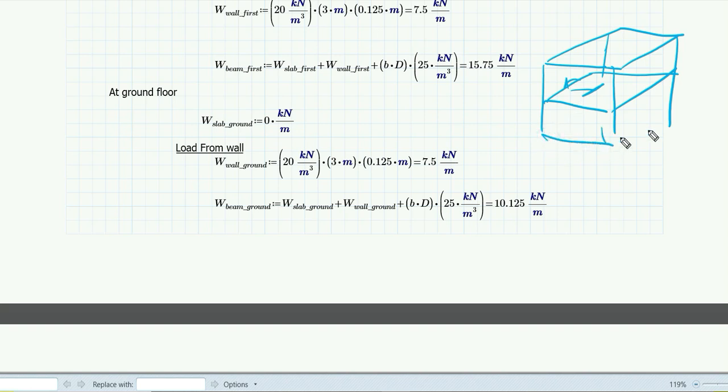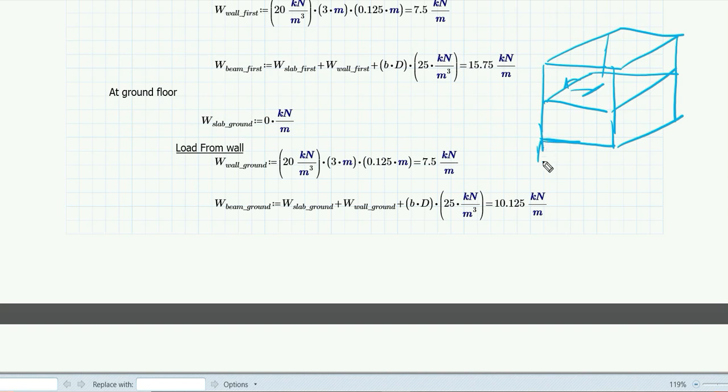But in case of ground floor, in most of the cases, the load of the floor is transferred directly to the ground, because in the ground floor we do not actually construct a slab, we just lay some bricks or stones, and then over that we just cast the concrete or PCC.